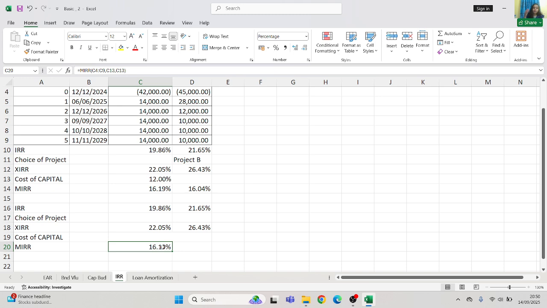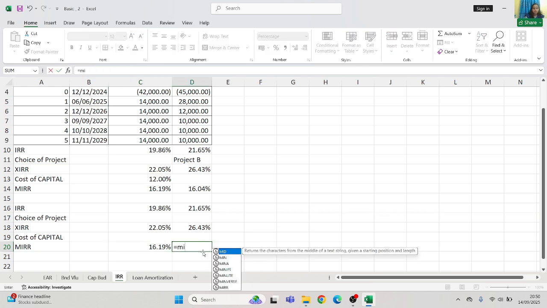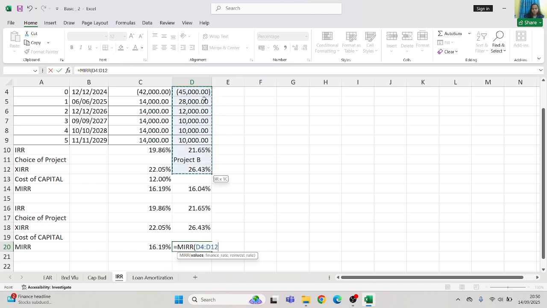This is for project A. Now we calculate for project B. Press tab, values, finance rate, that means cost of capital.